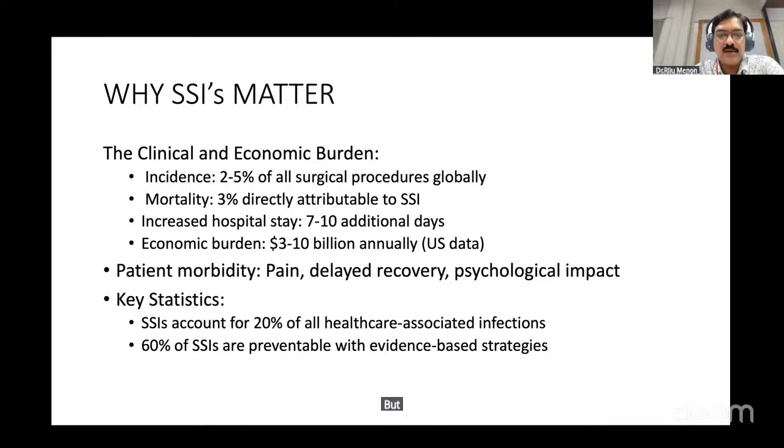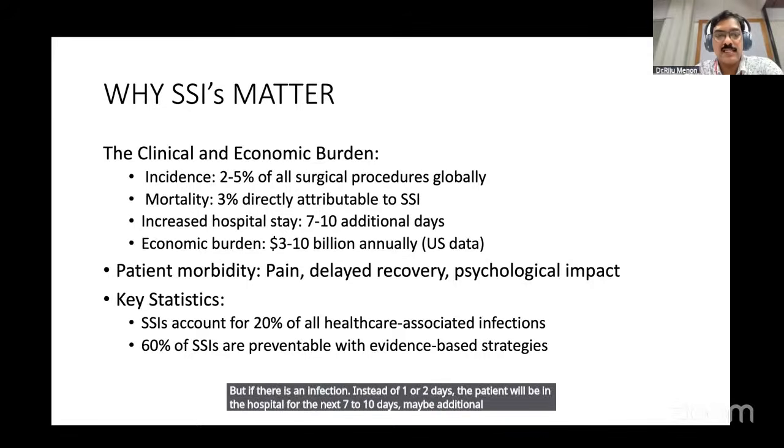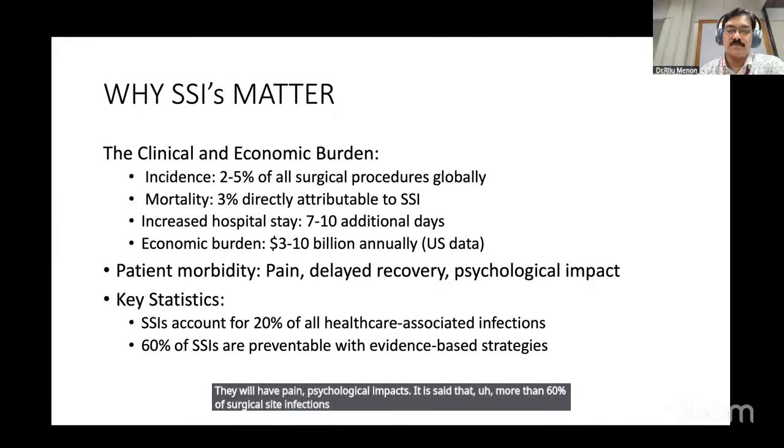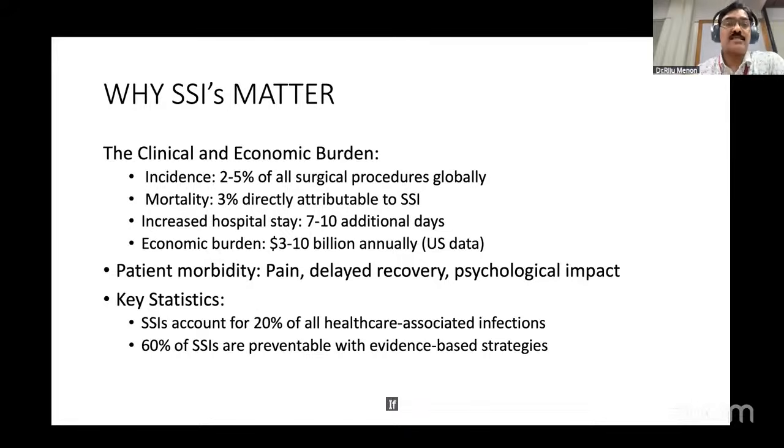But if there is an infection, instead of 1 or 2 days, the patient will be in the hospital for the next 7 to 10 days, maybe additional days, additional surgeries for removing a mesh or infection, for antibiotics. It phenomenally increases the cost of surgery. Additionally, when there is surgical site infection, they will have pain and psychological impacts. It is said that more than 60% of surgical site infections are preventable if evidence-based strategies are incorporated into practice.